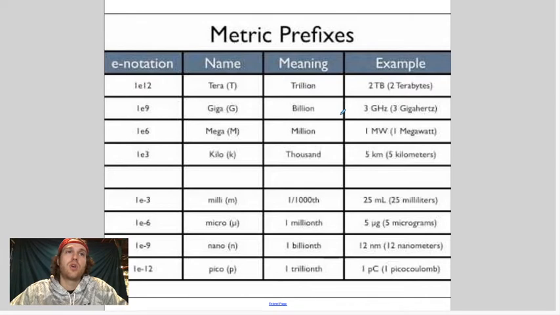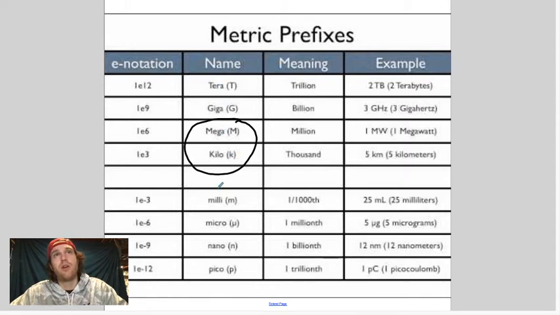I like to do a quick refresher of your metric prefixes that are important. Today we are primarily going to be working with resistance, and with resistors, you use mega and kilo to talk about the different sizes. You'll recognize these from terabytes, gigabytes, megabytes, kilobytes.